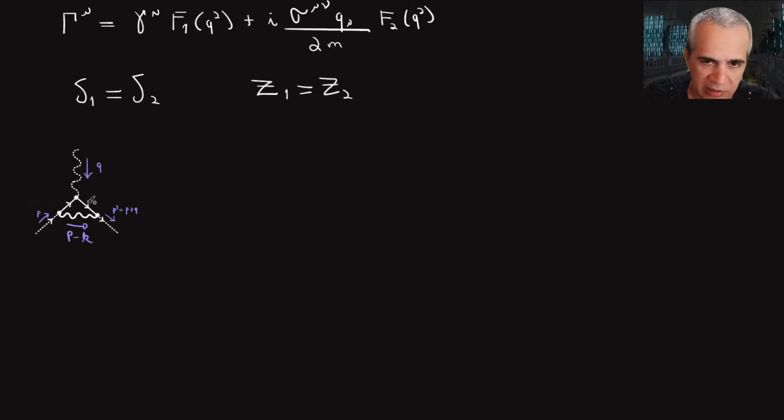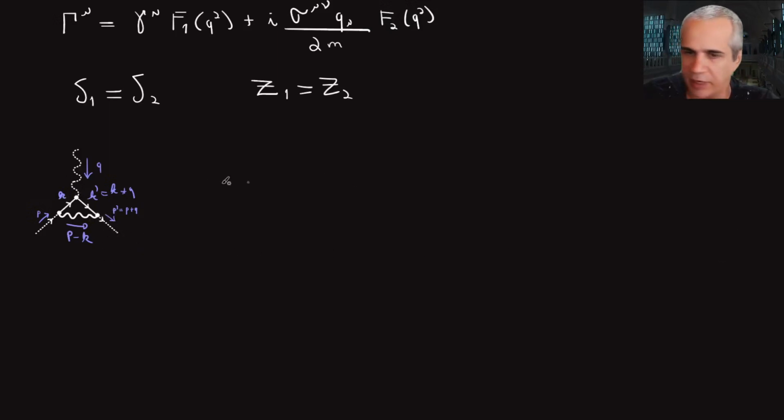This one, going in the same direction of the line, will be k prime. If I'm calling this one k, this is just k plus q. So you see I have k rotating in the clockwise direction here, so all momentum conservation is fine.